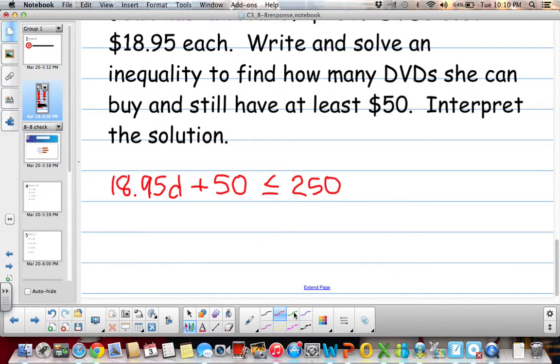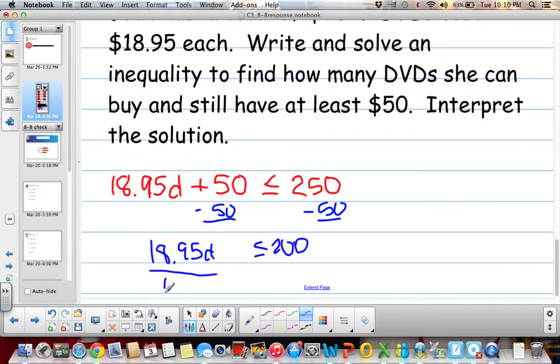So then we solve. So we're going to subtract 50 from both sides. So we would get $18.95 D is less than or equal to 200. It's a lot of money to spend on DVDs.